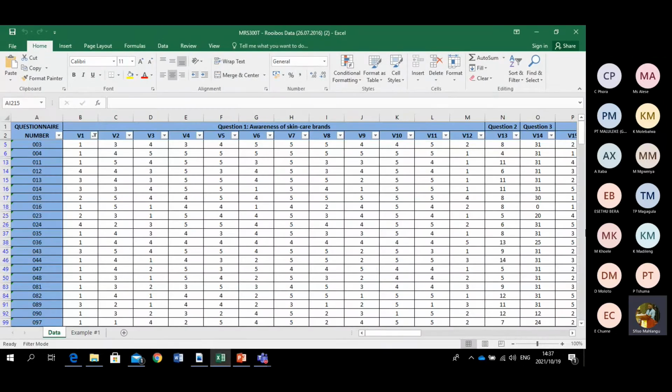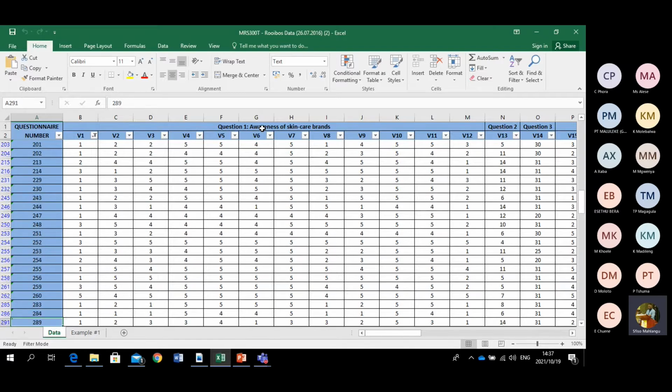It becomes the data set that we collected. You'll see the first column is the questionnaire number. Those were the respondents. It goes from questionnaire number 3, 4, 11, 12, 13, continuing.